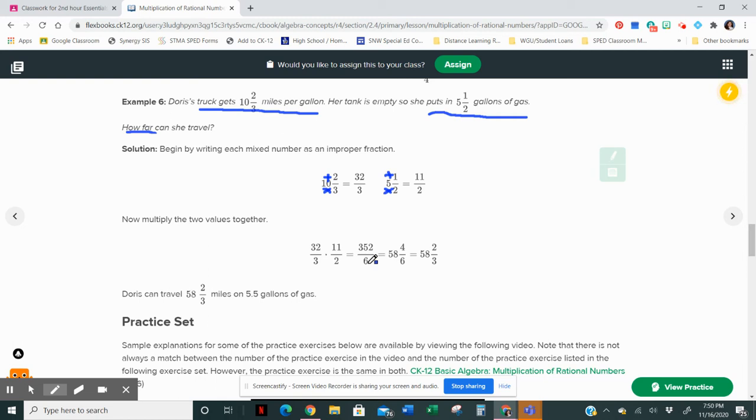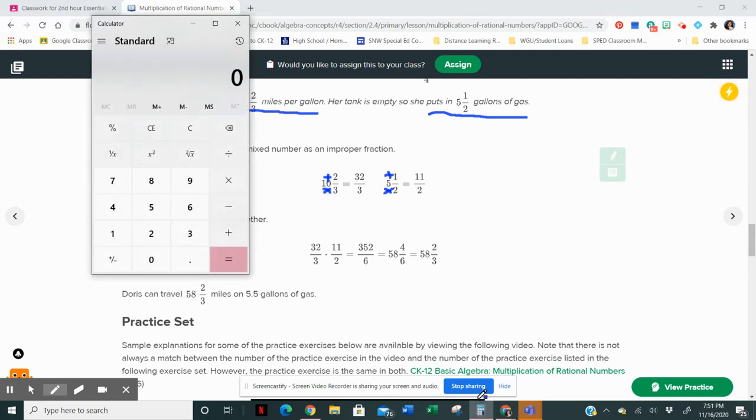Start with maybe 10. Well, 10 times 6 is only 60. Let's try 100. 100 times 6 is 600. Well, that's way too big. So then I would start concentrating around the middle, maybe 50. If I'm using my calculator and I multiply 50 by 6, I get 300, that tells me I am close.